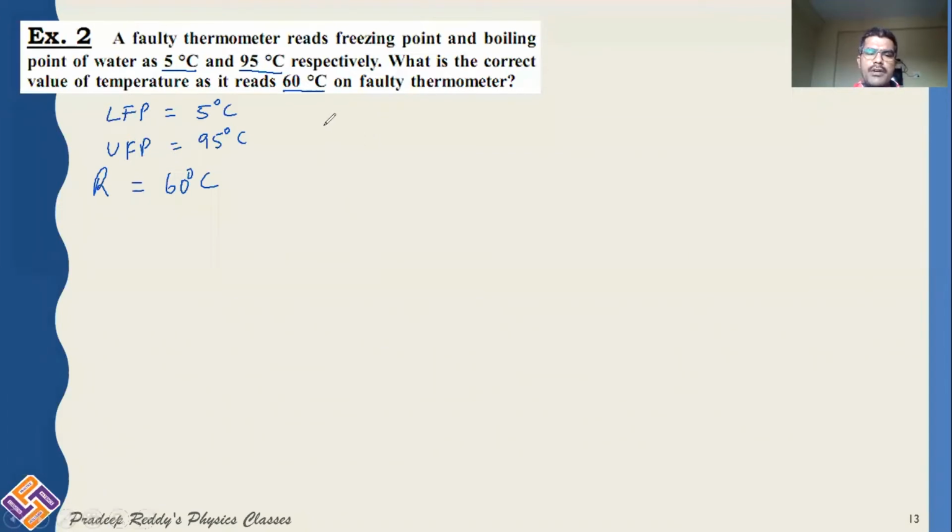It is: reading on the scale minus lower fixed point, divided by upper fixed point minus lower fixed point, is equal to C divided by 100.